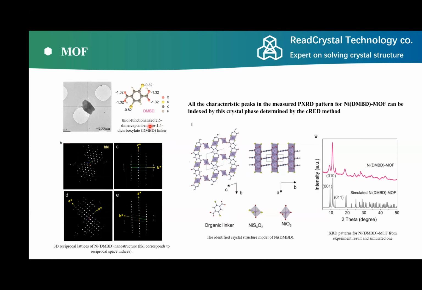The structure of this MOF was solved by using the micro-ED method straightforwardly from a crystal around 200 nanometers in size. And we can see the simulated diffraction pattern from the solved structure is quite consistent with the experimental diffraction pattern from the sample.